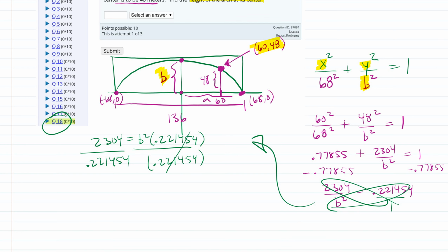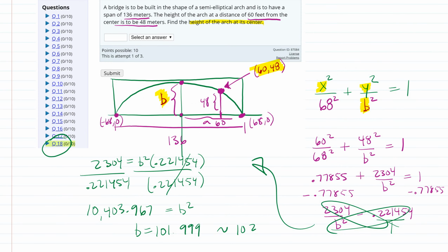Those cancel. So 2304 divided by 0.22145 is 10,403.967. That's equal to b squared. So we take the square root of that, and b is equal to 101.999. So I think it's safe to round that to 102.